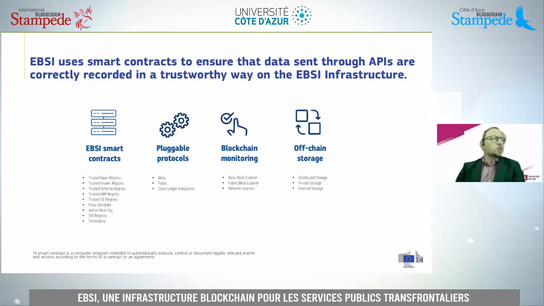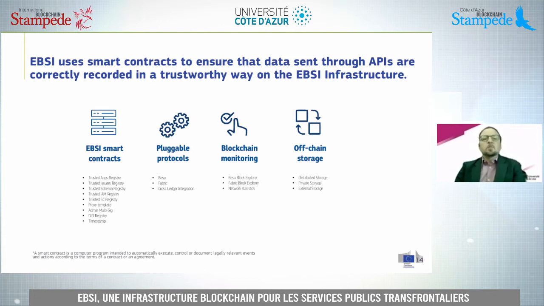I should go a little bit faster. So the infrastructure uses smart contracts to check that everything is working as intended. A lot of them to handle the registries, to deal with timestamping, administration of multiple signatures.